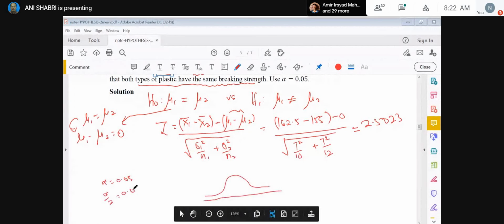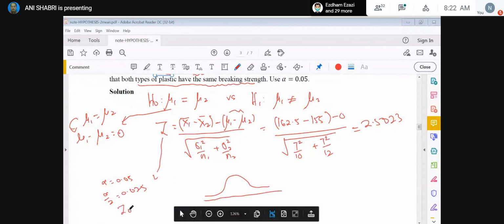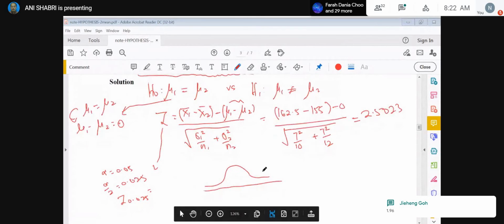Okay, for this one, Z, you must compare with Z. Look at what is the value of Z for 0.025. And we have two borders: 1.96 and negative 1.96.